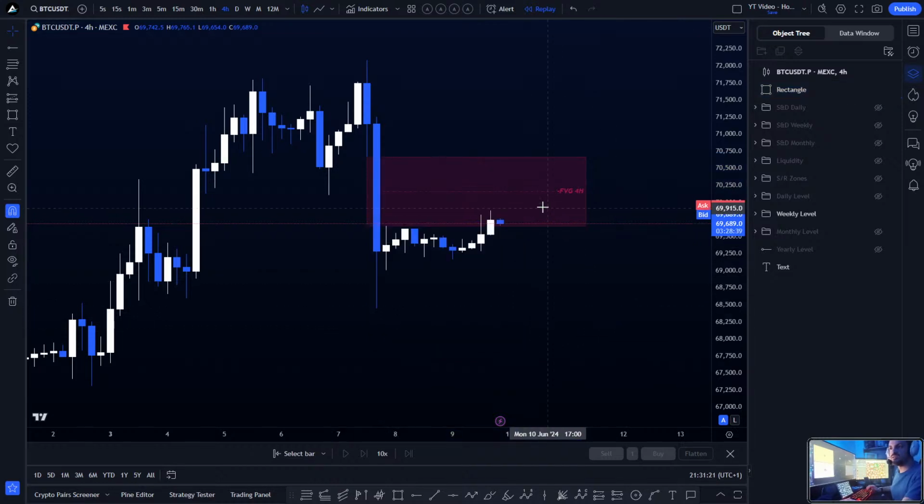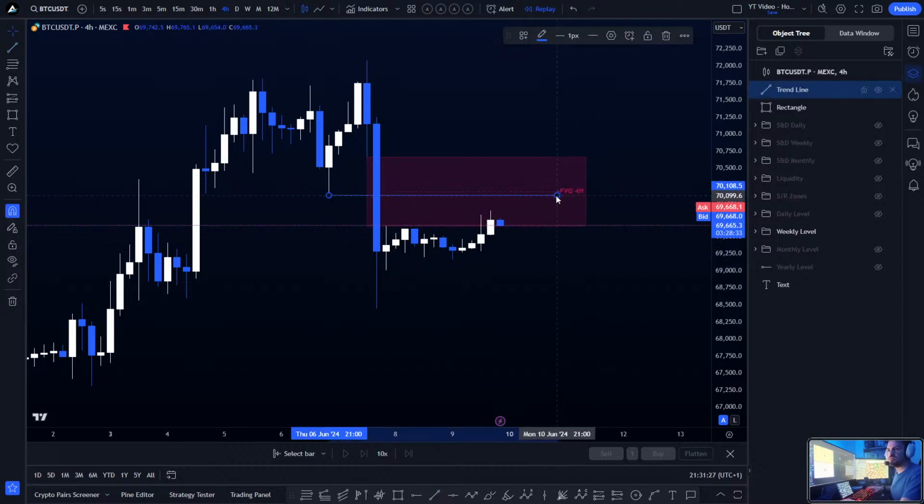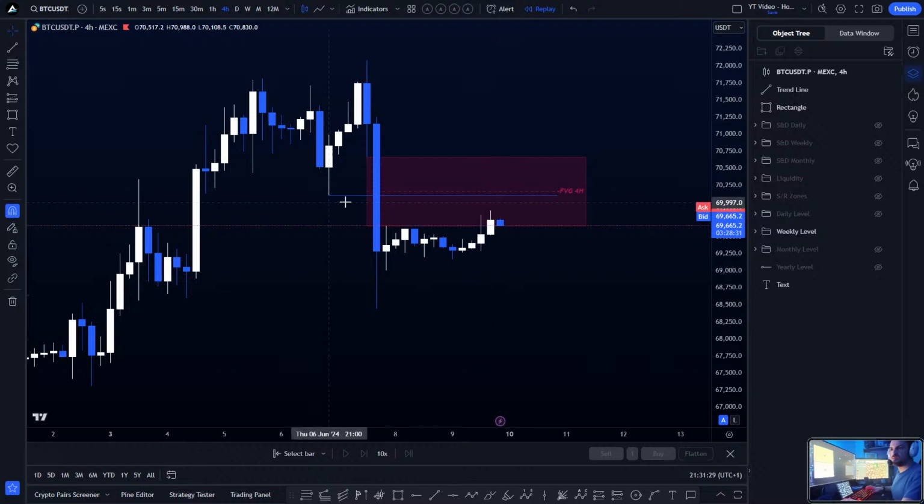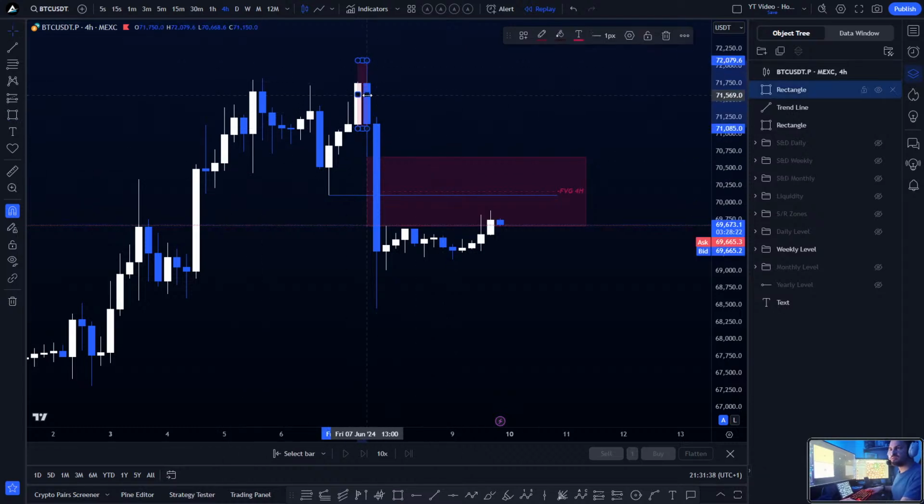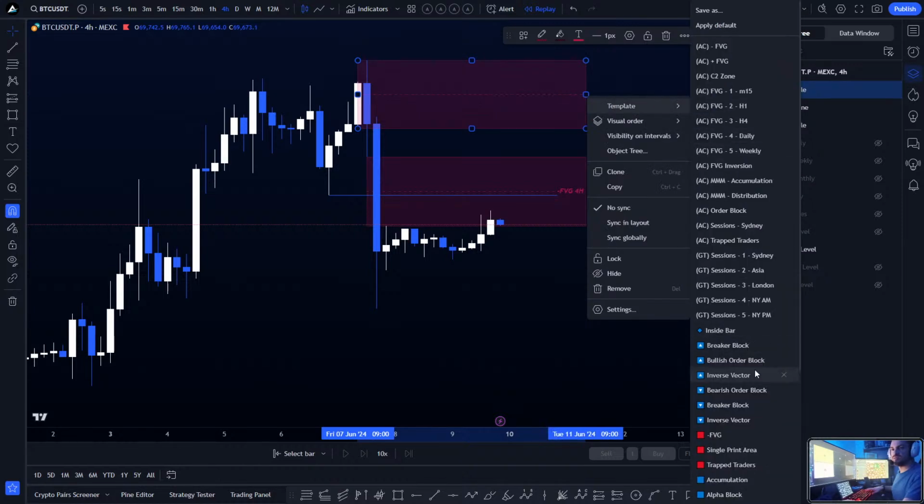It's important for us to know where the 50% of this fair value gap is, and I'm gonna mark this out temporarily. I'm not gonna say anything about it, write anything about it. I was just about to, but I'm not gonna do it. And we also have this 4-hour order block.